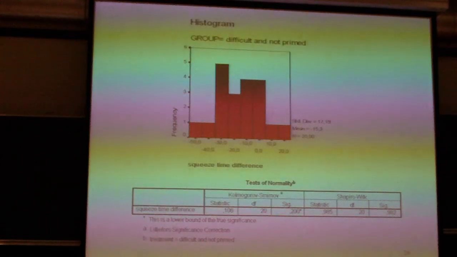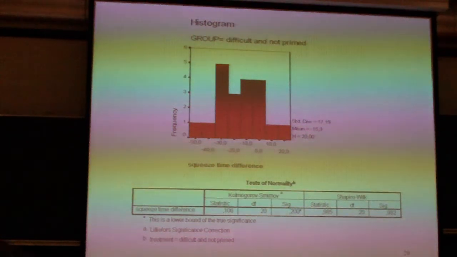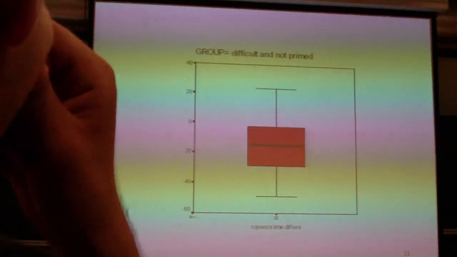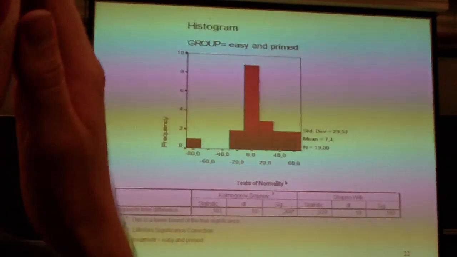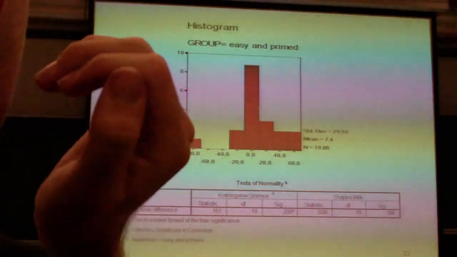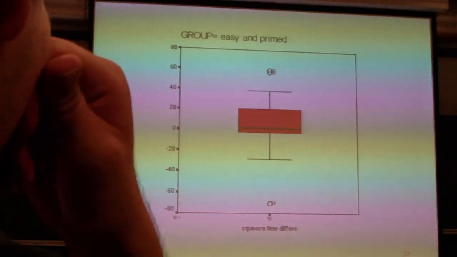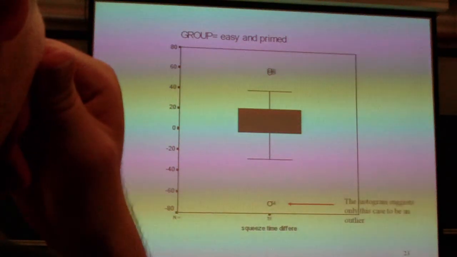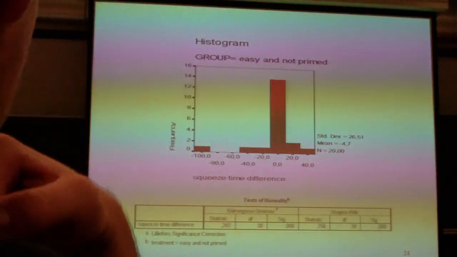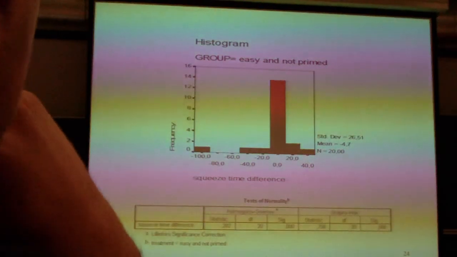Okay, now here we have the second group, which looks perfectly normal, I'd almost say. Same goes for the accompanying box plot. The third group shows somewhat of a gap on the left side of the distribution. And here we have the fourth and final group, which also shows a gap on the left part of the distribution.